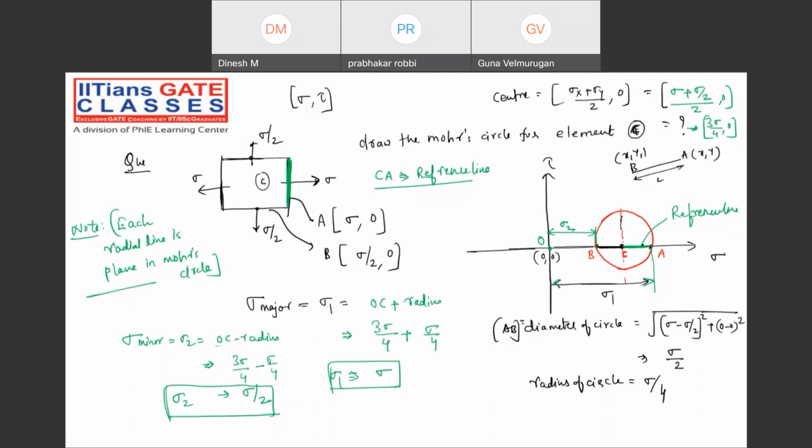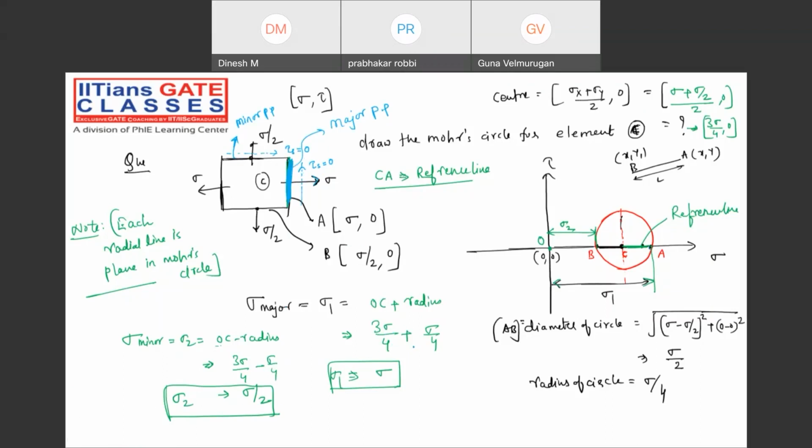And my dear friend, with just your own eyes, you can see this plane is the major principal plane. This plane is the minor principal plane. Why? There is no shear stress on both the planes.